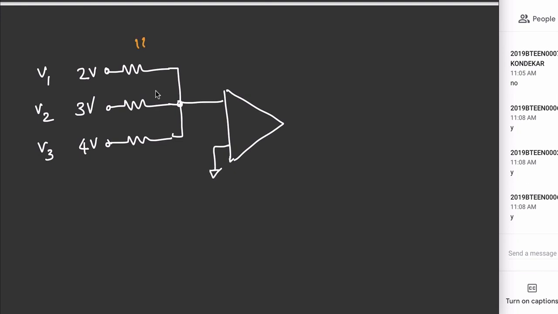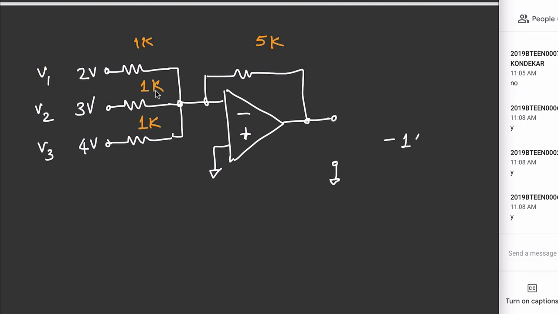Then 1K, 1K, 1K, and 5K is the feedback resistor. Okay, what is the output that you computed? Minus 11 volt.